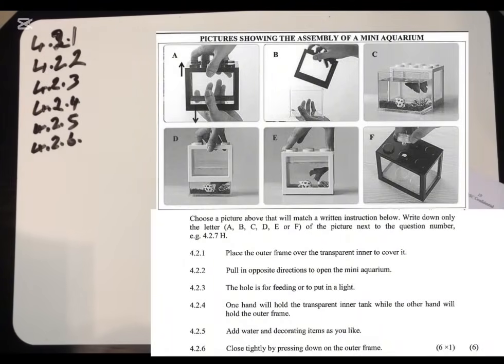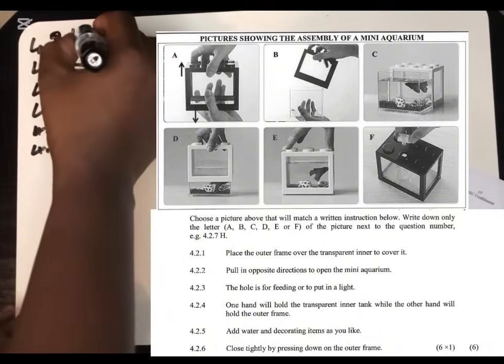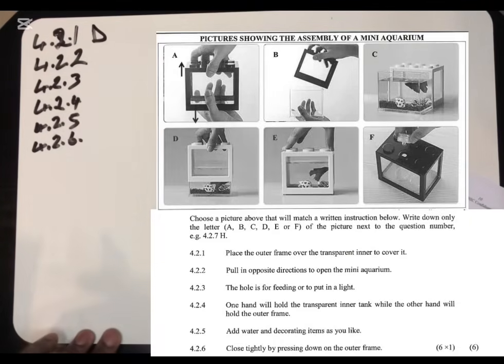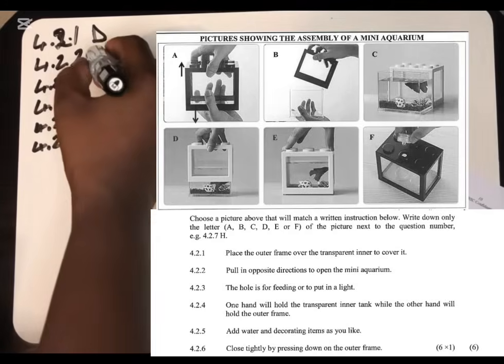Where is that happening? It is happening at D. Then we move to the next one, 4.2.2. Pull in opposite direction to open the mini aquarium. Opposite direction, we can see that is happening at A.